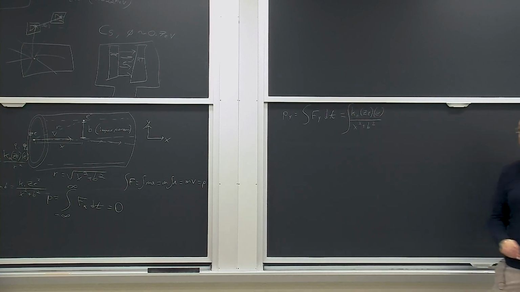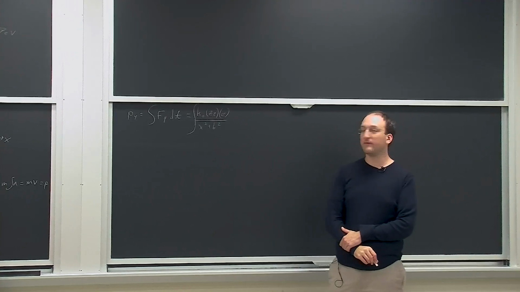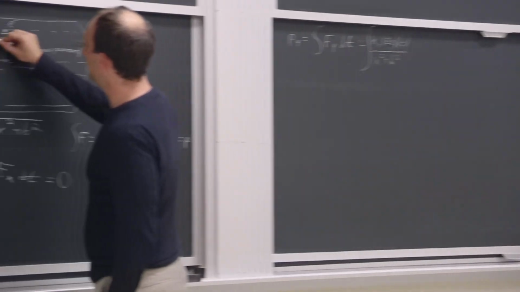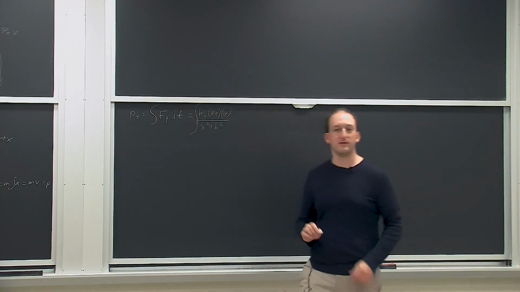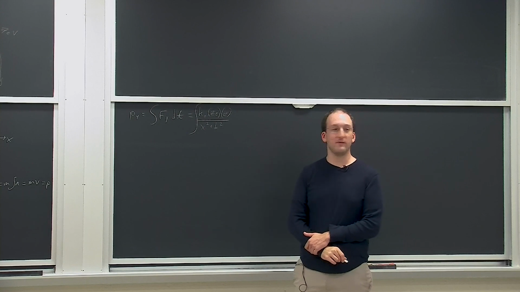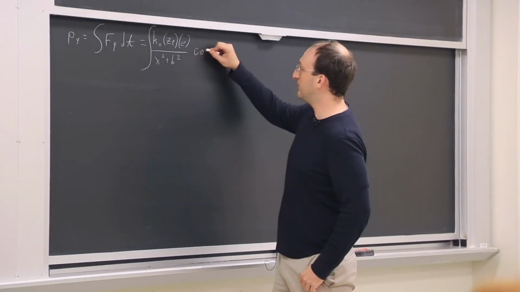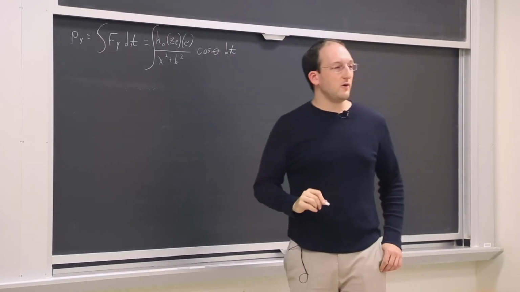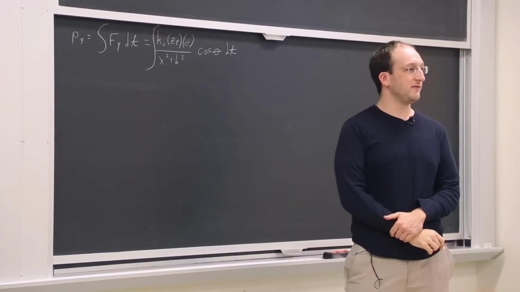And then how do we get the y component of it? Well, we've got to define an angle. So that's our angle theta. What's the y component of that force? Yeah, it's just times cosine theta dt. What's the expression for cosine theta in this physical situation?